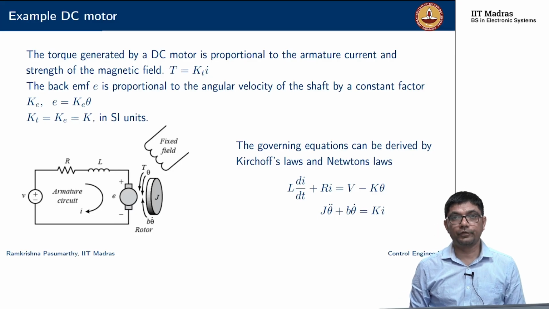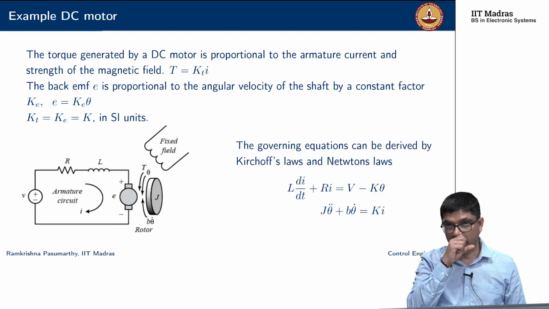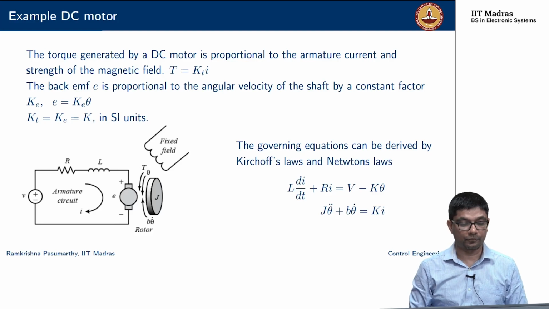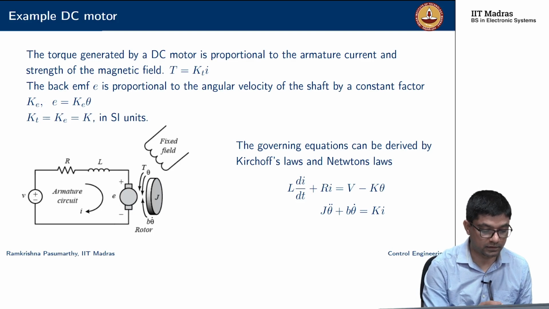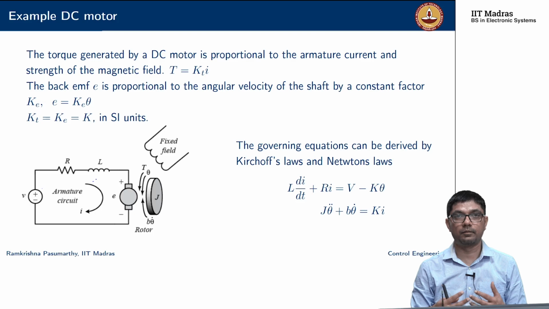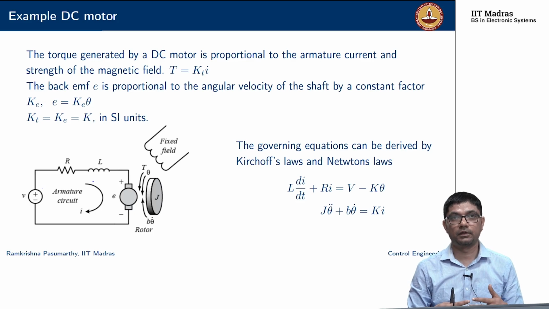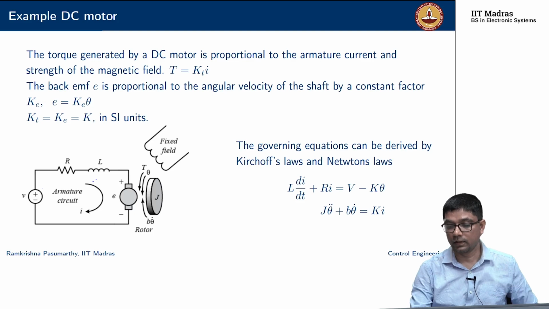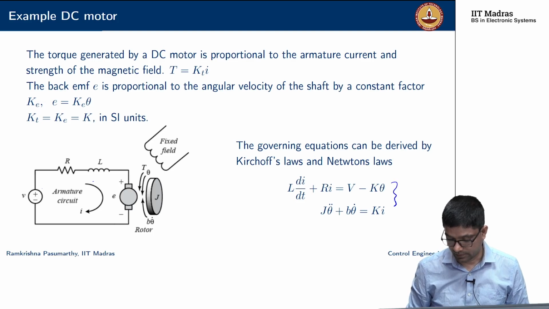In an earlier lecture, we had analyzed state space models of a DC motor where the input was a voltage source. It generated an armature current which resulted in a back EMF, and the back EMF produces the angular displacement, the current results in the torque, and so on, and these were the governing equations.